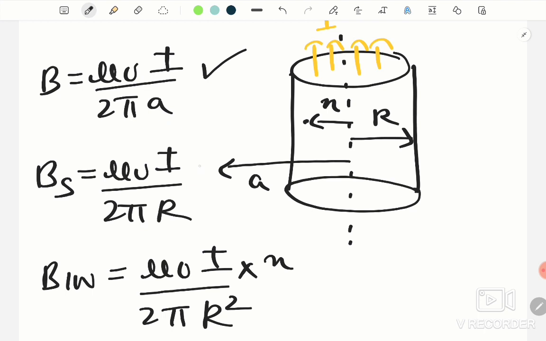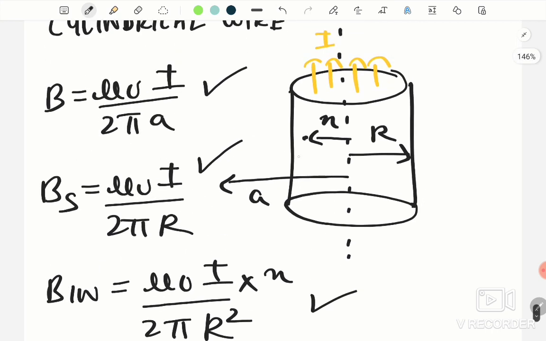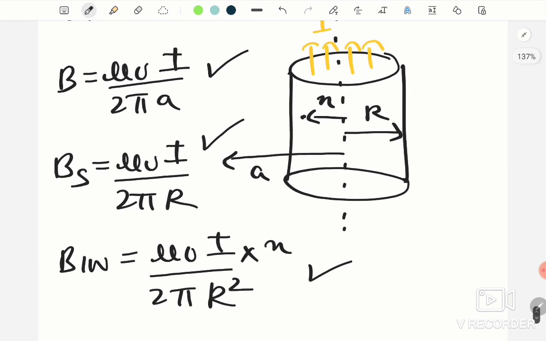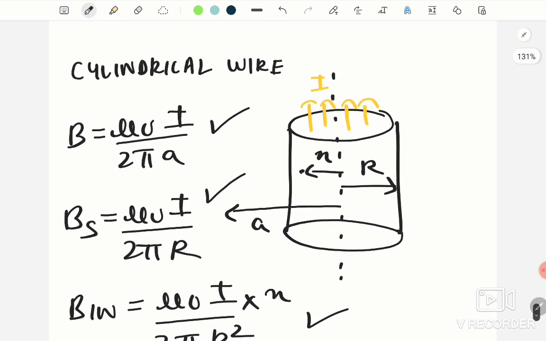So this formula becomes mu naught I upon 2 pi capital R. And whenever you are inside the cylindrical wire, you need to replace the denominator R by R square, and then you need to multiply by x in the numerator, where x is the distance of the point from the axis of cylinder. So with this, we have completed all the three formulas of cylindrical current carrying wire.